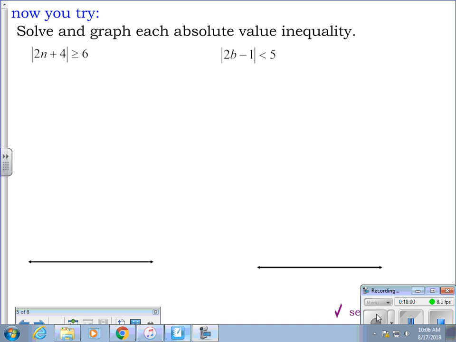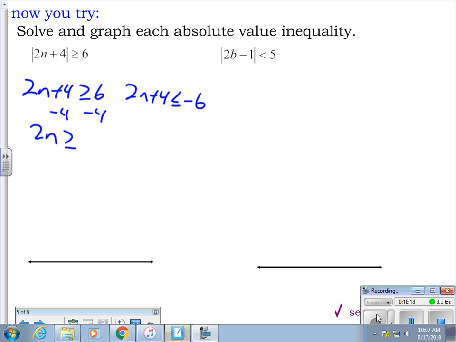Okay, so first thing I need to do is separate into 2. 2n plus 4 is greater than or equal to 6. 2n plus 4 is less than or equal to negative 6. Subtract 4. 2n is greater than or equal to 2. Divide by 2. N is greater than or equal to 1.